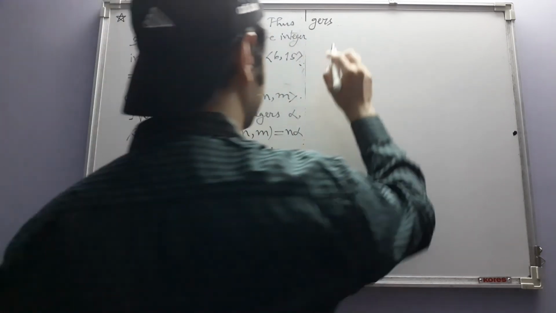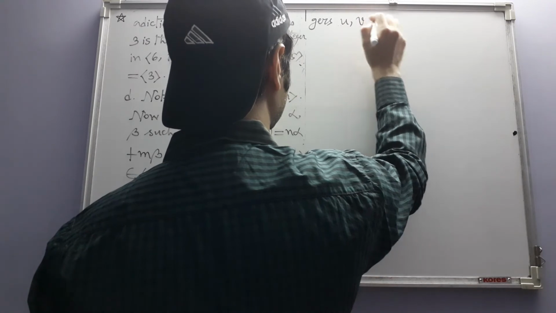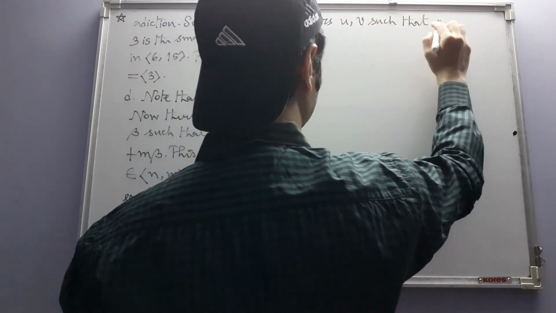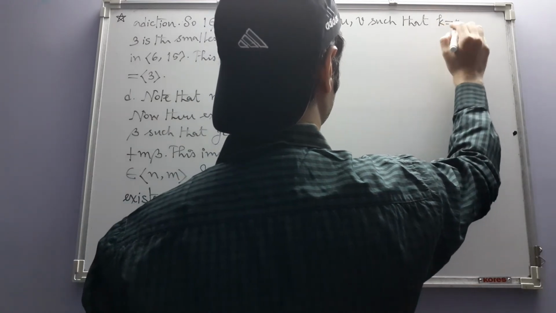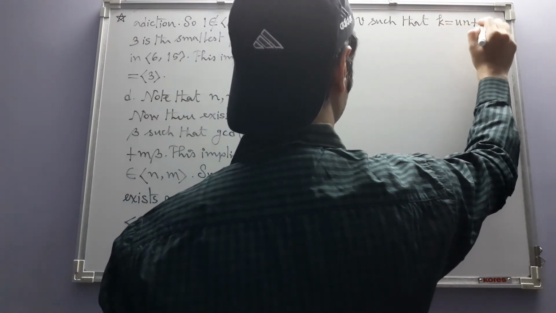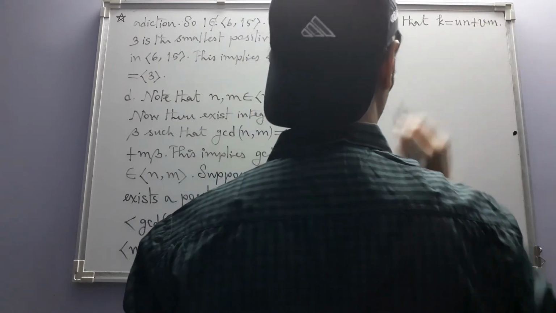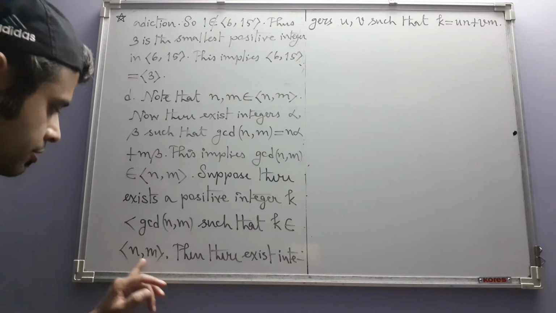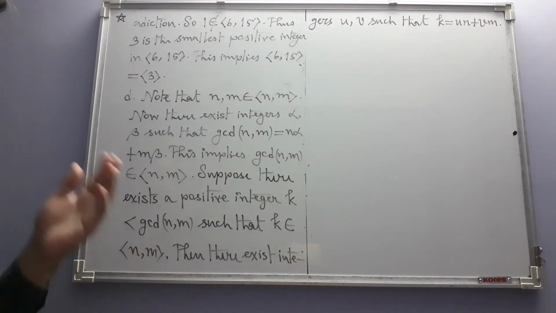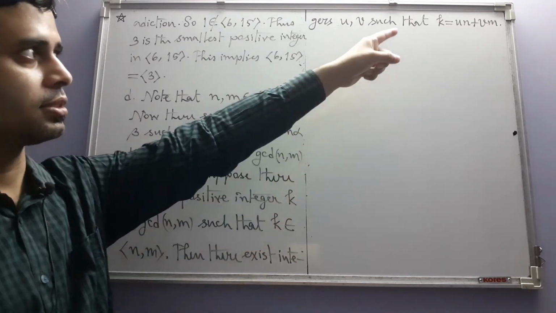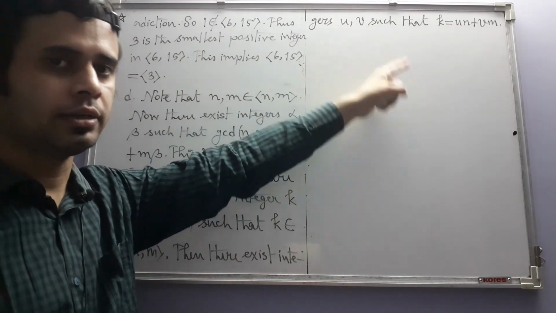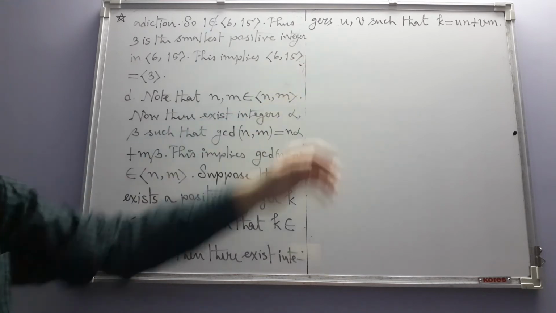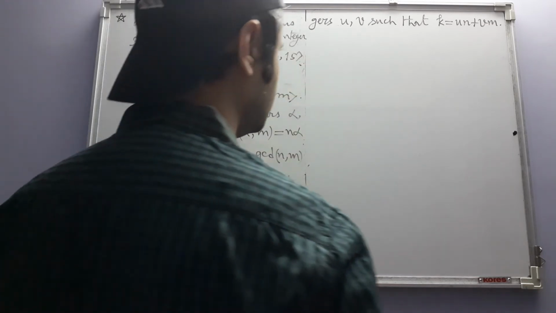Let us take u and v, such that k is equal to un plus vm. This is because k belongs to this subgroup, and a general element in this subgroup looks like this, a linear combination of n and m where the coefficients are integers, in this case u and v.